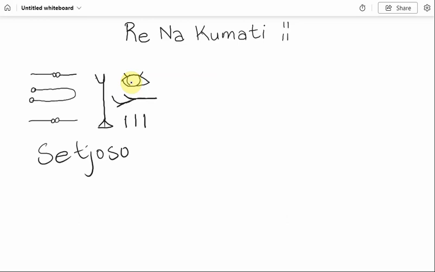But what does it refer to? It refers to a prop, something that props things up, a prop. And it could be also a stick, simply, or a staff.